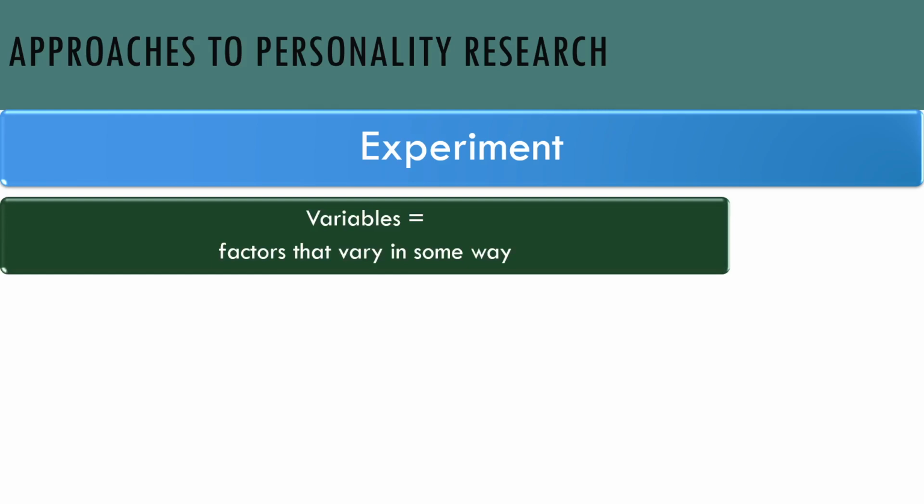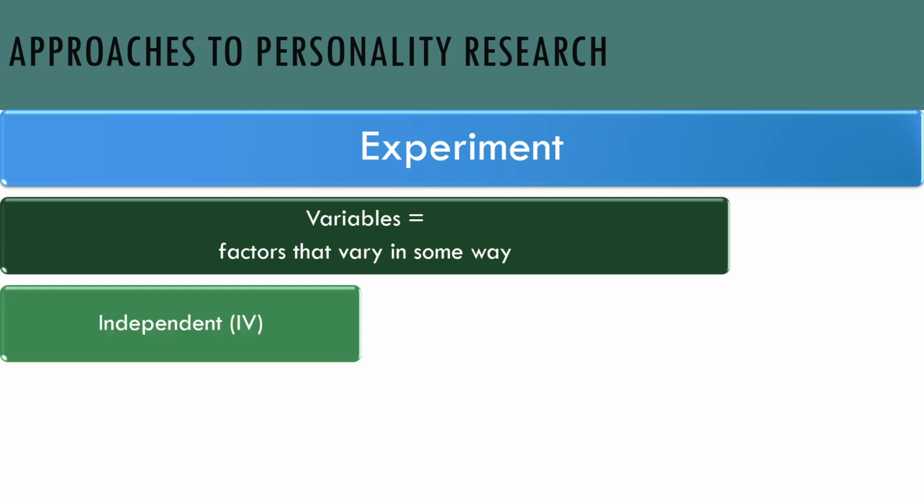All right, so first off, in every experiment, there are variables. Variables are factors that, I couldn't think of any other way to describe it except to use the same word, factors that vary in some way. In the case of the independent variable, we have something that the experimenter controls, right?